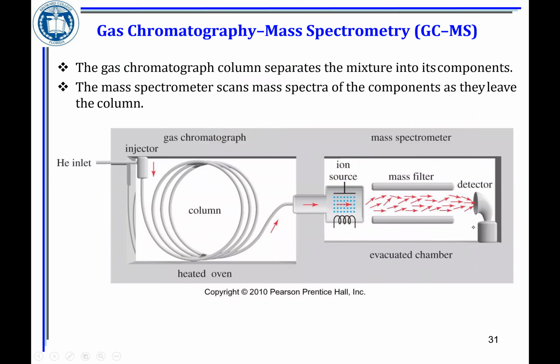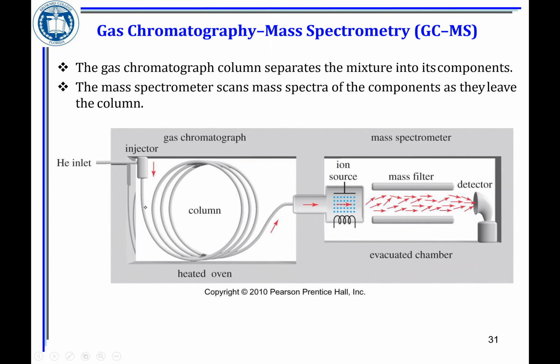Often mass spec is connected to a different device, which is for separation or purification. Like if you have GC mass spec, what happens in GC is that the compounds are going to go based on the retention time. They would leave the column one at a time. So basically you're not mixing compounds. The compound that is going to the mass spec is going to be a pure sample.